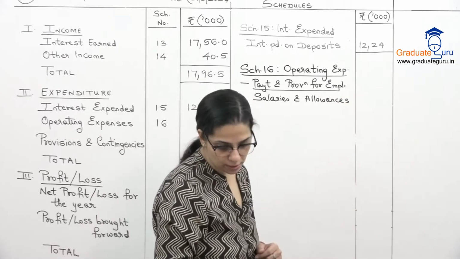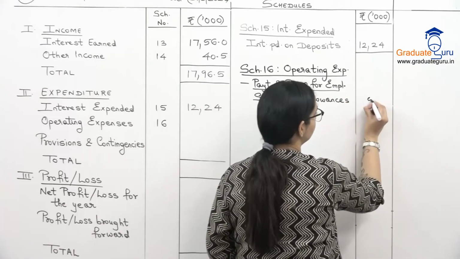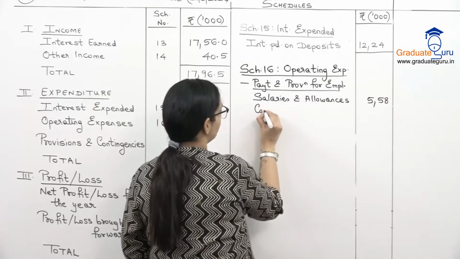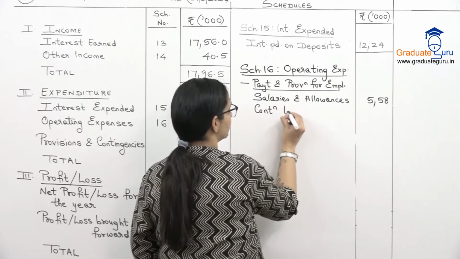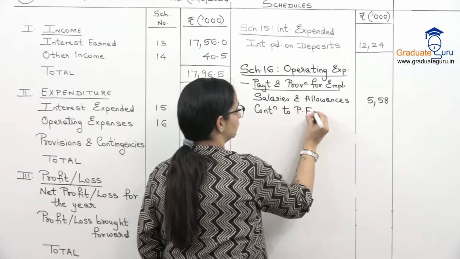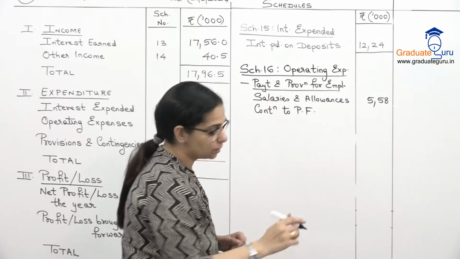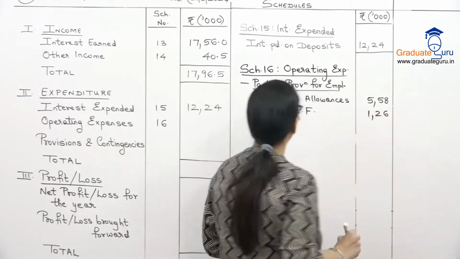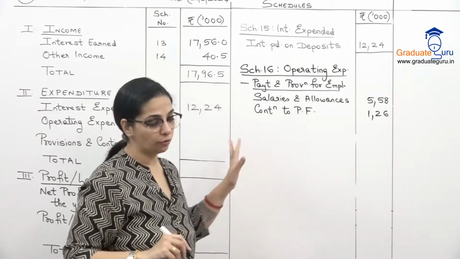Salaries and allowances amount is 558. And our contribution to PF, that is Provident Fund, that is 126. Okay, so that's the first one in the format.